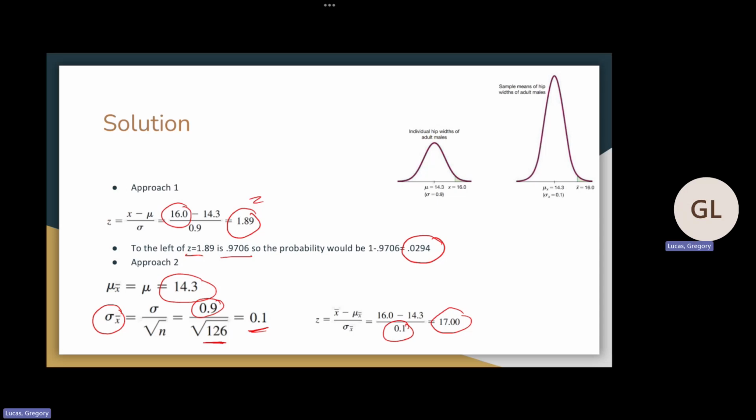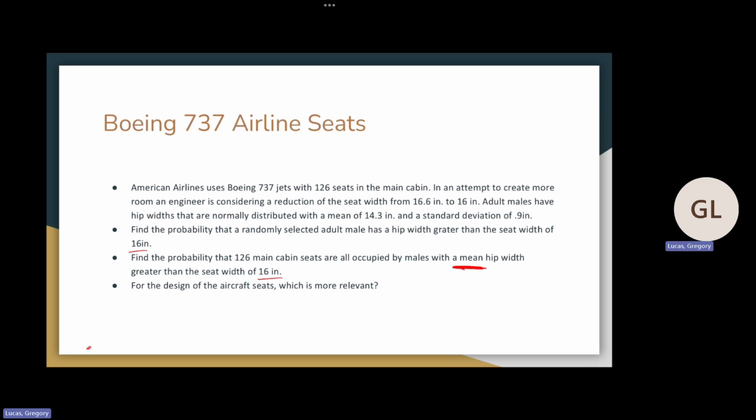So now we have to think about this. Our first part of the question, we get about 3%. So let's go back to look what the question was asking. So the probability that a randomly selected adult male has a hip width greater than the seat of 16 inches is 3%.